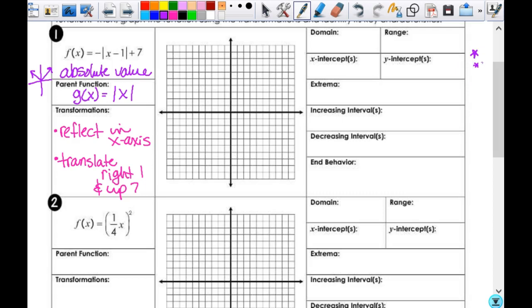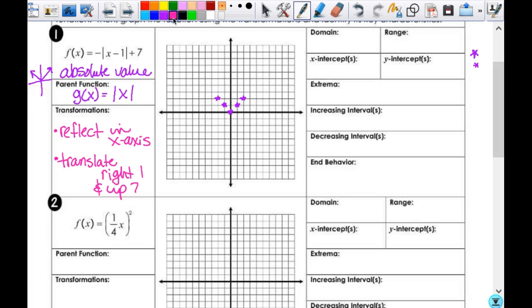All right, so our anchor points are 0, 0 and 1, 1. Those are things that we need. They're not part of our final function. Those points will help us get the rest of it. That's why this is important.